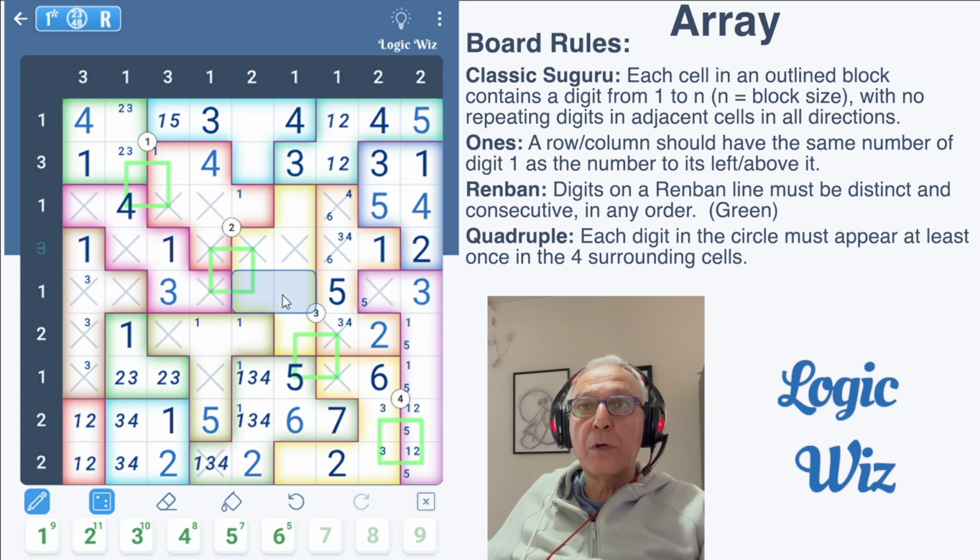Okay, in this block, 1 has to be in one of these cells, because there is no other place to satisfy the 1 here. So if 1 must be here, this one can no longer be a 1. Therefore, this one has to be a 1. And now, this one has to be a 1.